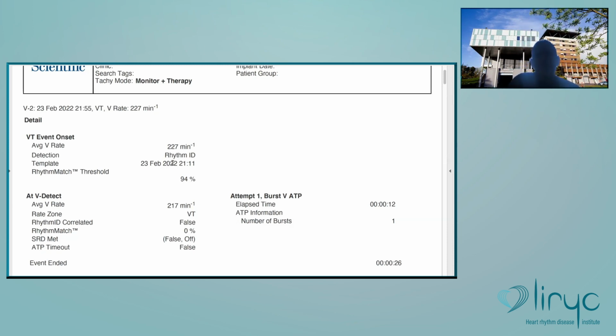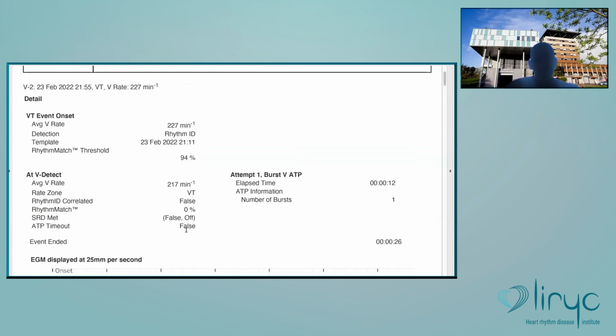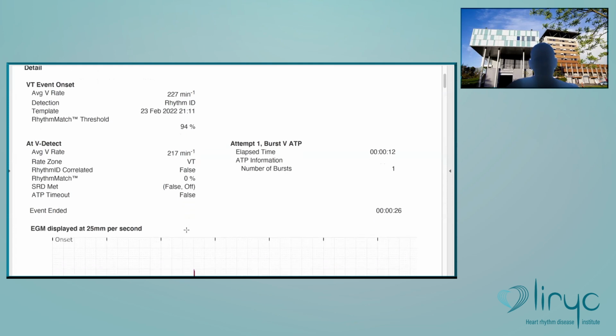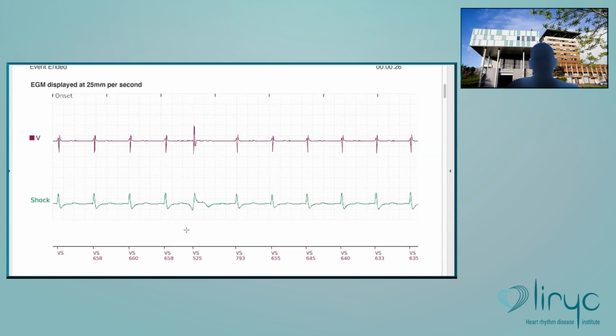We compare the morphology of the signals during the tachycardia with templates recorded during sinus rhythm, and then you measure the percentage of match against a nominal threshold of 94%. You see that the rhythm match is 0%, so it's completely different during the tachycardia, and the diagnosis is ventricular tachycardia.